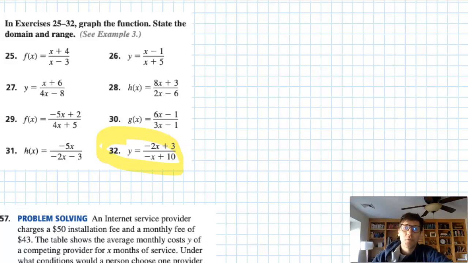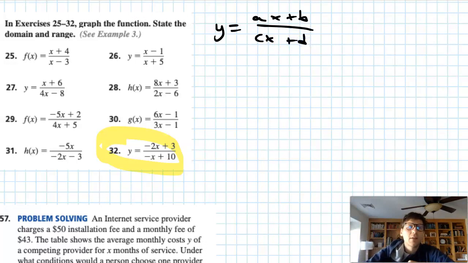So this was in the format we had explored, which was ax plus b over cx plus d. In this case, we know that the horizontal asymptote, what it approaches as x gets infinitely big, positive or negative, is just the ratio of a over c.